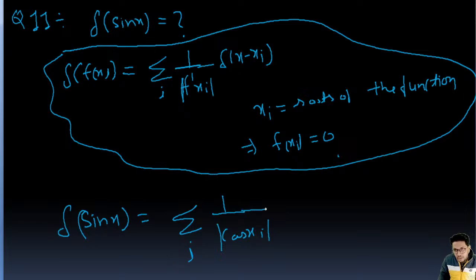So delta sin x equals sigma over i of 1 upon mod of the derivative f dash, that is cos xi, times delta x minus xi. Okay, we have used this property.